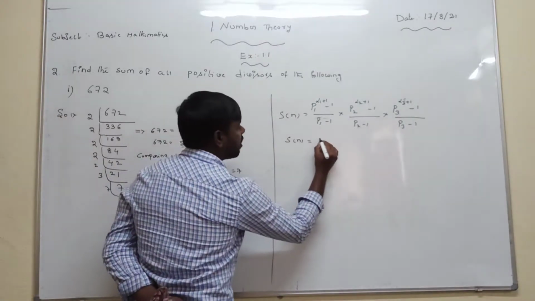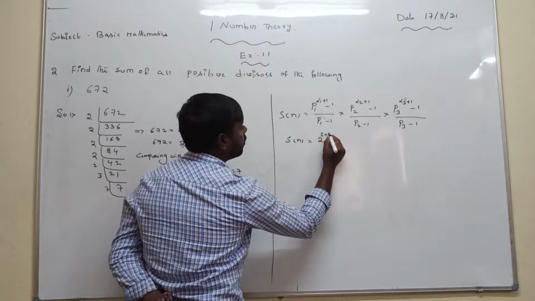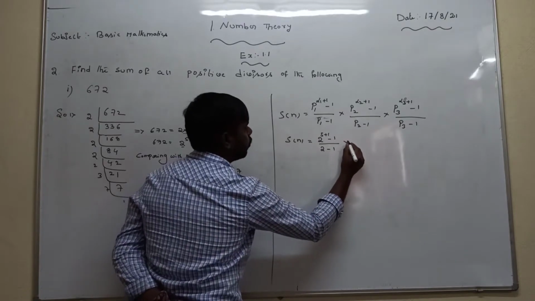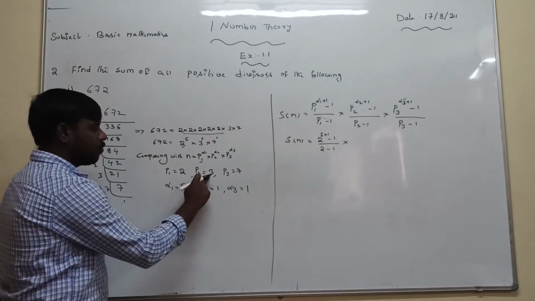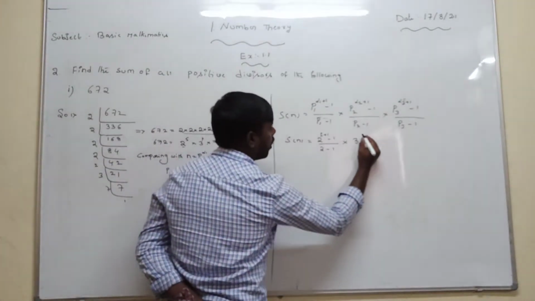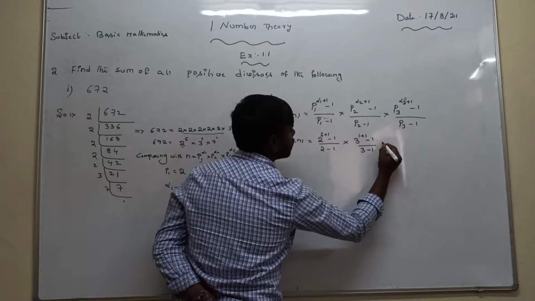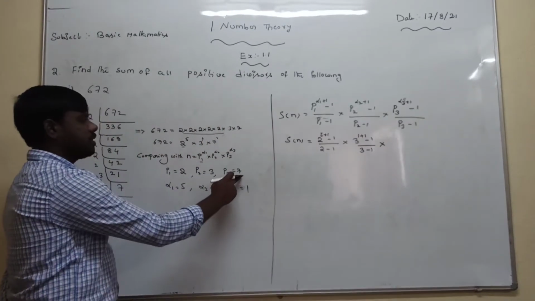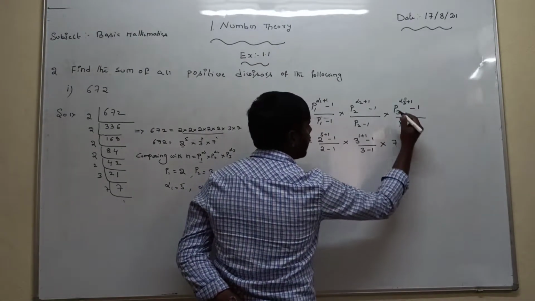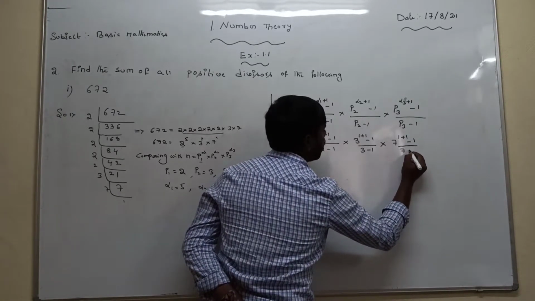P1 value is 2, power alpha 1 value is 5, so 2 power 5 plus 1, minus 1, divided by P1 value 2 minus 1, into P2 value 3 power alpha 2 value 1 plus 1, minus 1, divided by P2 value 3 minus 1, into P3 value 7, alpha 3 value 1 plus 1, minus 1, divided by 7 minus 1.